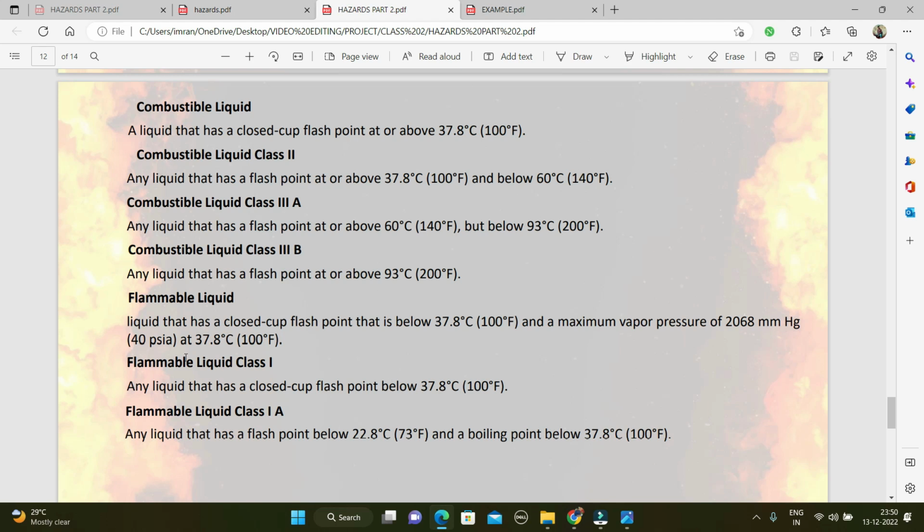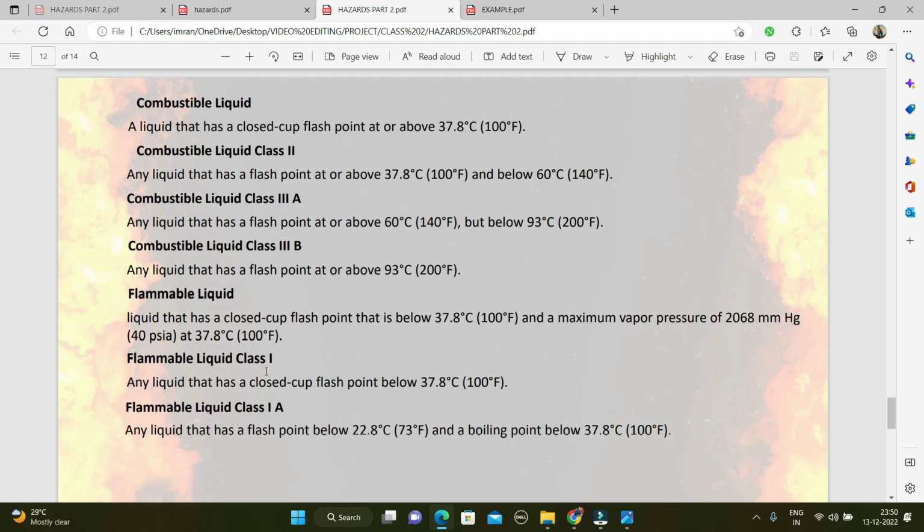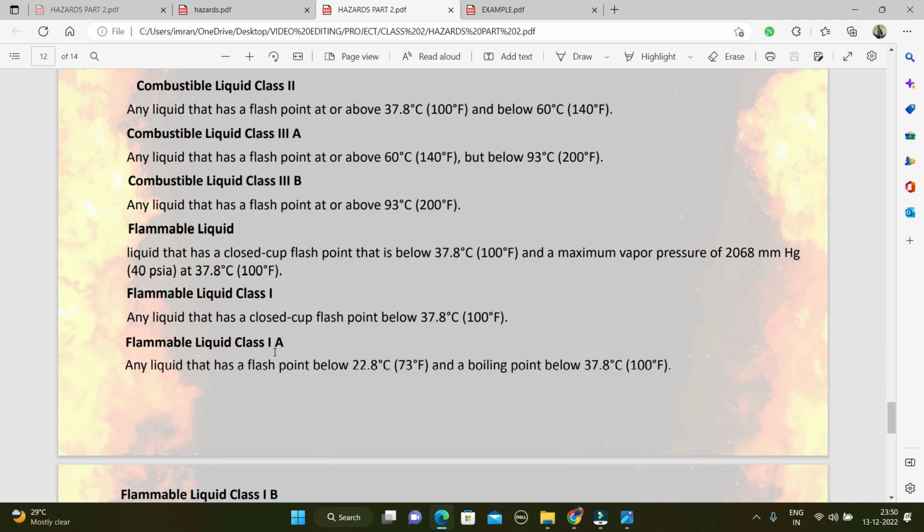It is also classified the same as combustible liquid. Flammable liquid class 1: any liquid whose flash point is below 37.8 degrees Celsius will be considered a flammable liquid class 1. Class 1A means the flash point is below 22.8 degrees Celsius and the boiling point is below 37.8 degrees Celsius.